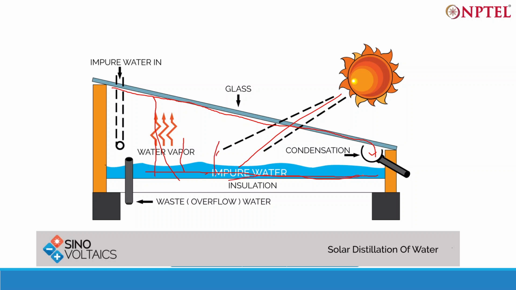This is quite a good setup in which solar energy can be used for obtaining pure water. It can also be used for saline water, like seawater, which can be made pure and potable. So it's a very useful apparatus.